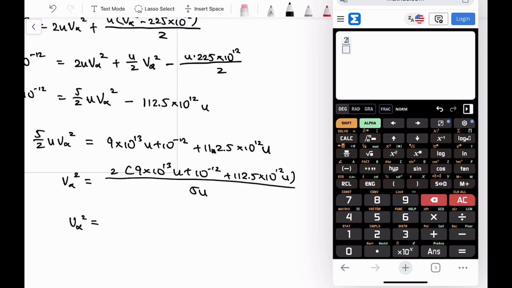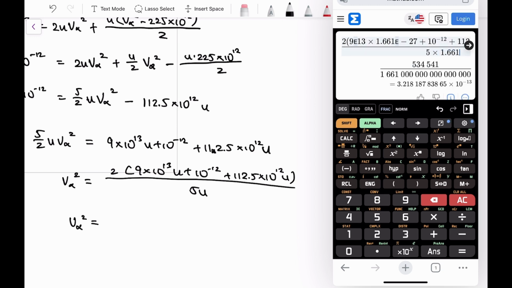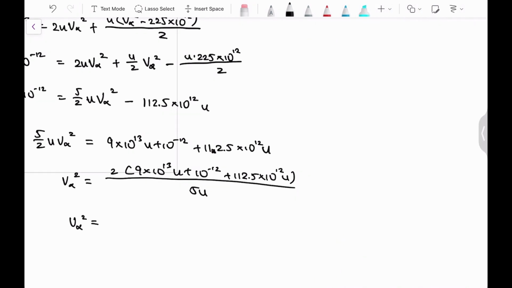Okay, this will be a rather long equation. And then we will get approximately 3.21 times 10 to the power of 14, and so V alpha will be equal to the square root of this, which is approximately 1.8 times 10 to the 7 meters per second, and this will be the answer to this question.